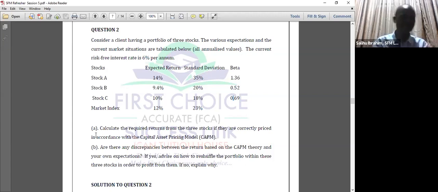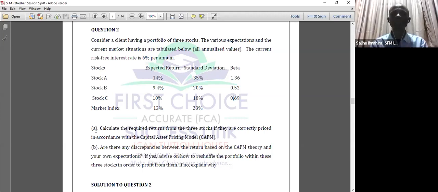B, are there any discrepancies between the return based on the CAPM theory and your own expectations? If yes, advise on how to reshuffle the portfolio within these 3 stocks in order to profit from them. If no, explain why.